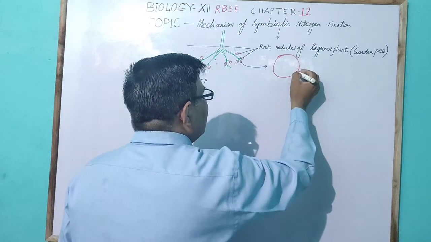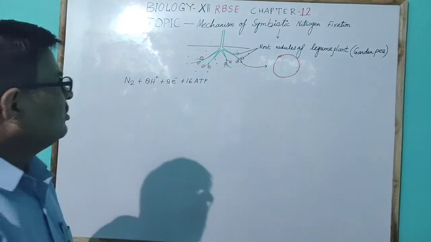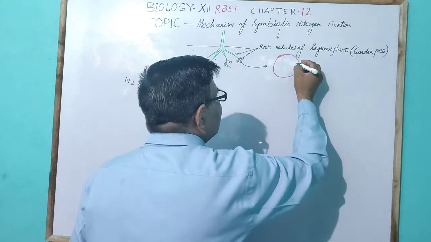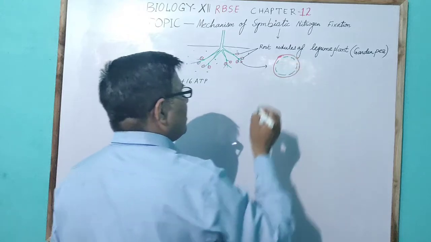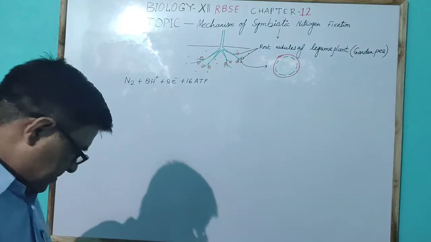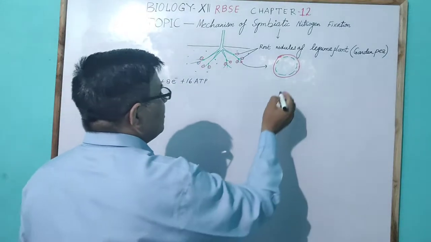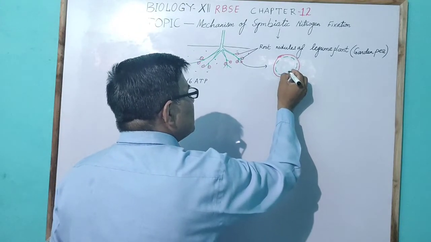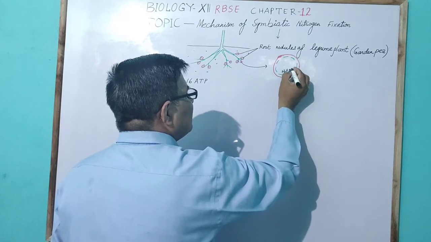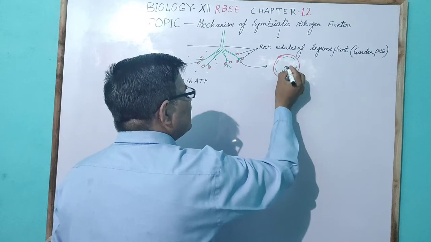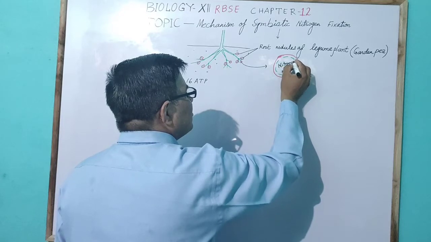This rod-shaped bacterium present in the root nodule has a type of gene. This is the NIF gene, and the NIF gene secretes the nitrogenase enzyme.